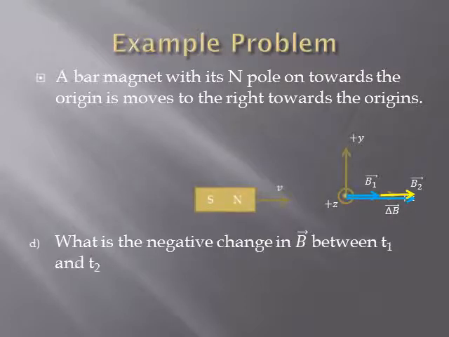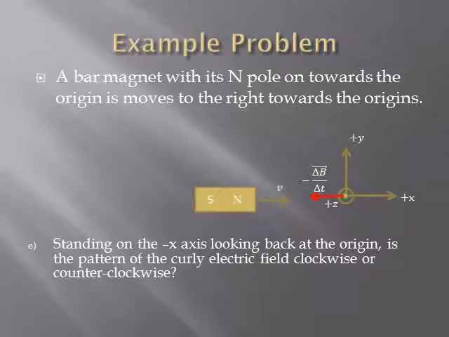Now that we have delta B, I can find the negative change, which points in the opposite direction, this direction. And that is my change in magnetic field over time. In this case, the magnetic field was changing in time. And then, for our last problem, standing on the negative x-axis, looking back at the origin, is the pattern of the curly electric field clockwise or counterclockwise?